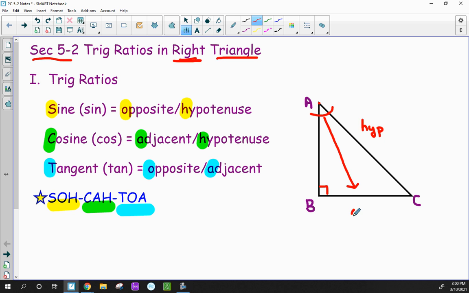So side BC in this picture would be considered the opposite. If this is the opposite and this is the hypotenuse, then side AB must be the adjacent side. The reason it's called adjacent is because it's next to it, it helps form angle A.